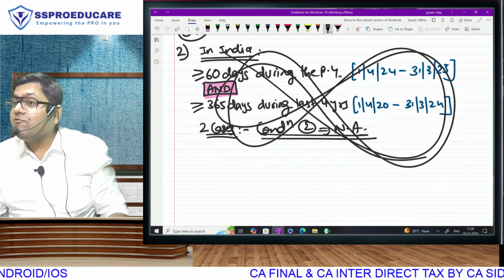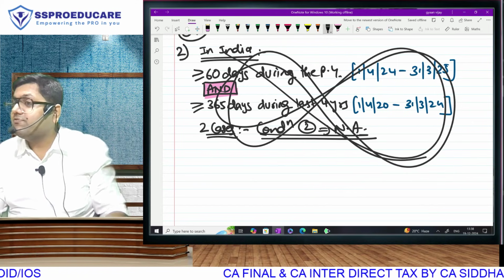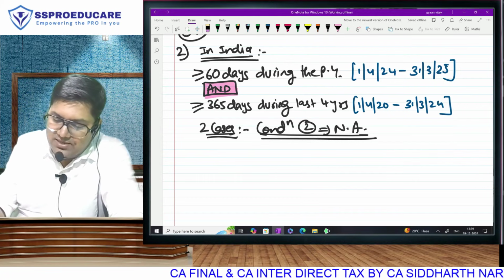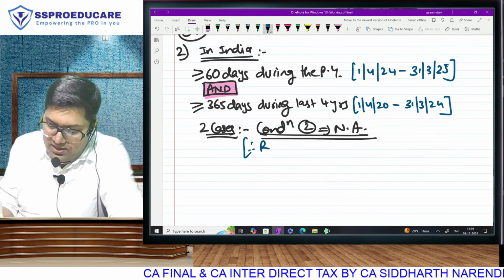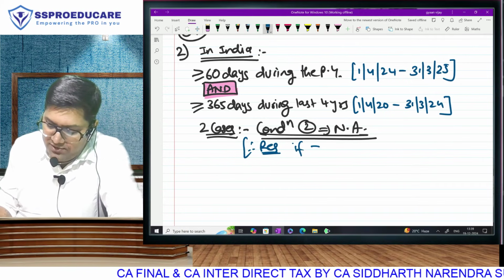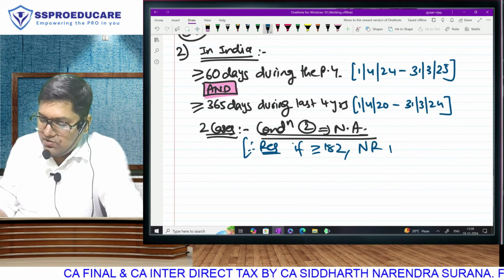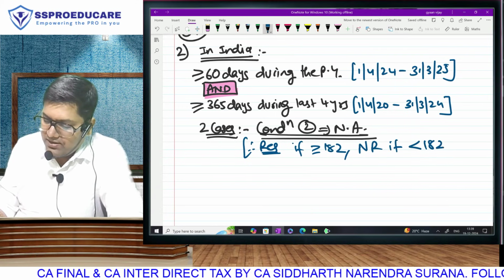Means if I am in India for 60 days and last 4 years 365, I won't be considered as resident. I will be considered as resident only and only and only if I fulfill condition 1, that is 182, and I will be considered as non-resident if I don't fulfill that condition.